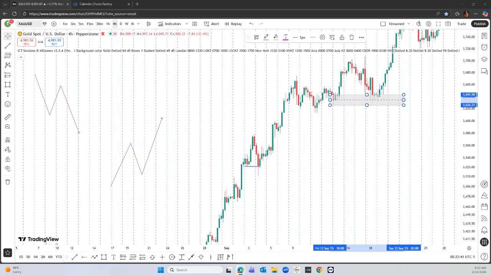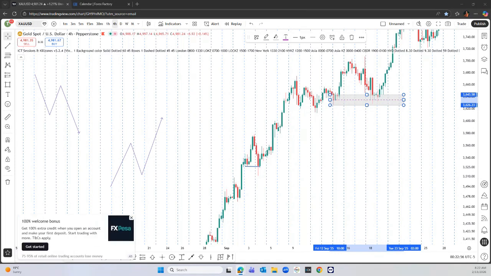Mistake number three that kills consistency in trend trading is fear of pullbacks. You understand that in an uptrend, pullbacks are healthy, but beginners start to panic.